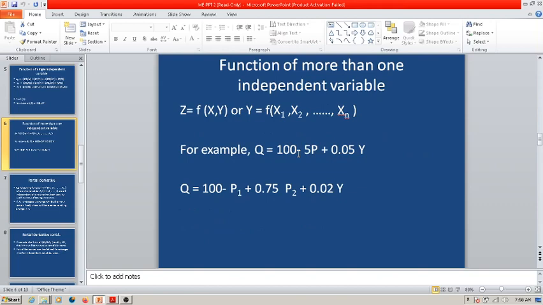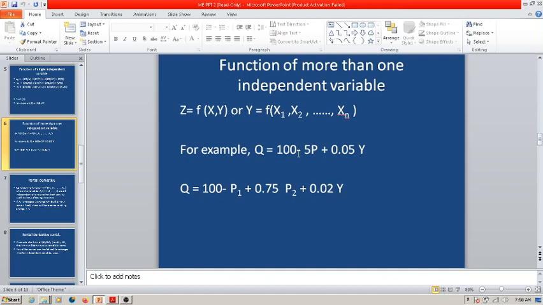Now we are moving on to a different situation. We know that many economic activities involve functions of more than one independent variable. Take the case of quantity demanded, the demand function. We know that demand is influenced by many factors.